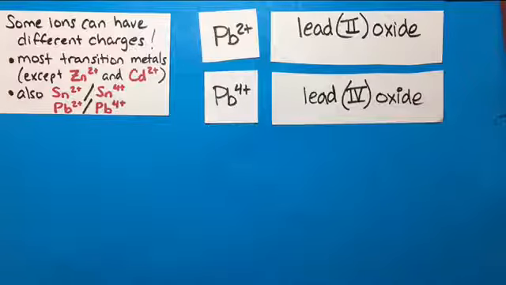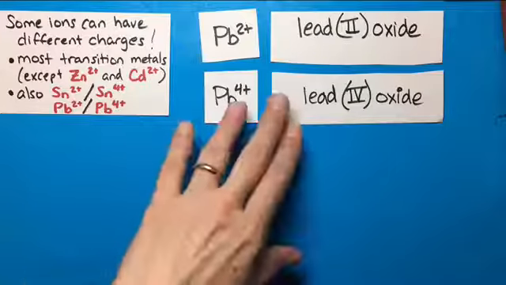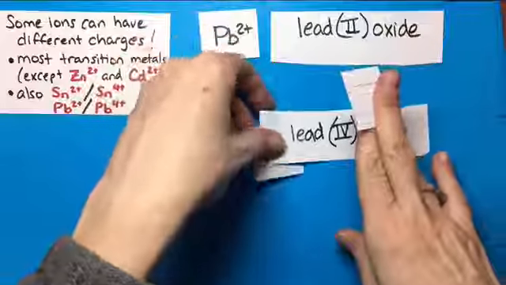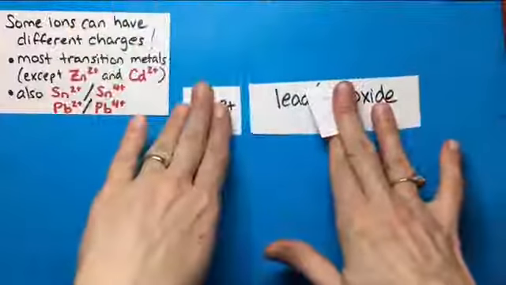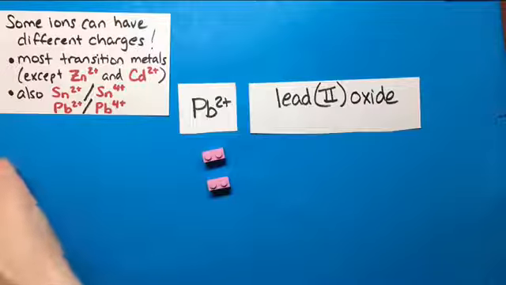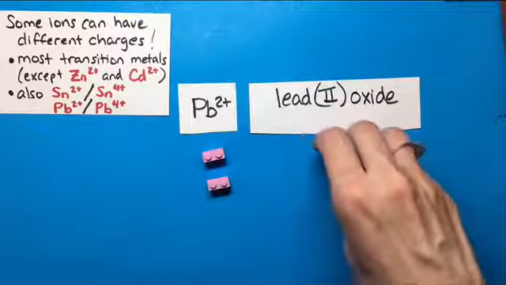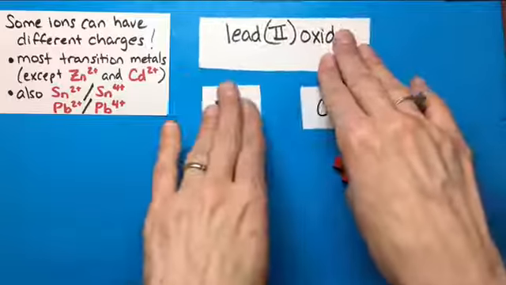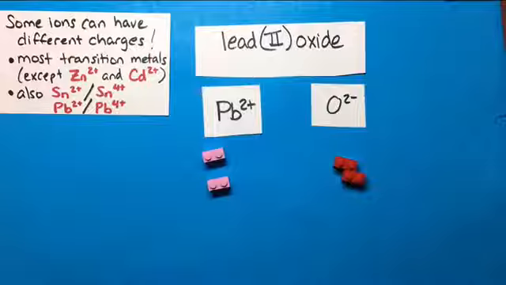So, if we have lead(II) oxide, let's do that as our first example, we're talking about lead ions that have a charge of +2, and oxide ions that have a charge of -2. So how many lead and oxygen ions do we need to balance each other out?